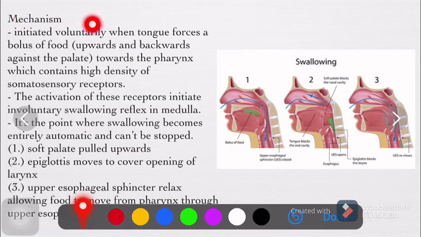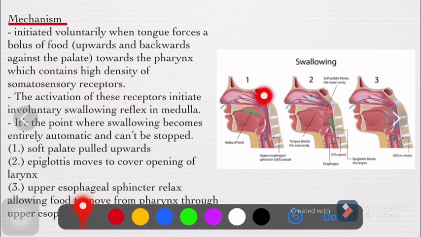The mechanism of the voluntary stage. This stage is initiated voluntarily when the tongue forces a bolus of food upward and backward against the palate towards the pharynx, which contains a high density of somatosensory receptors.